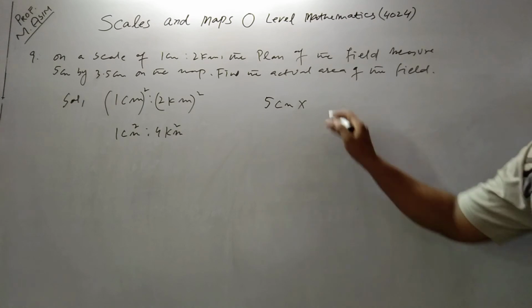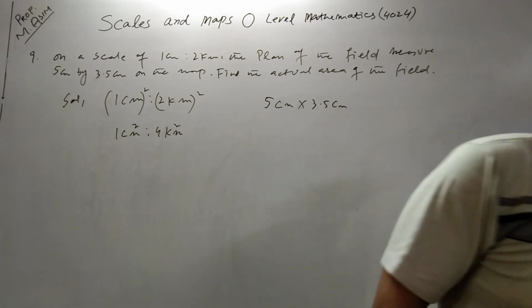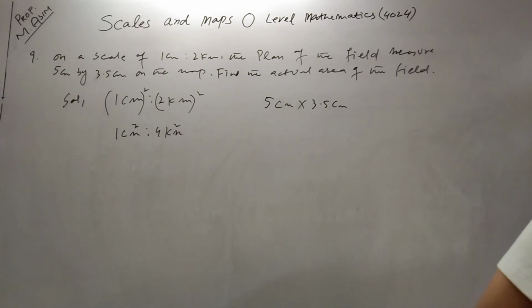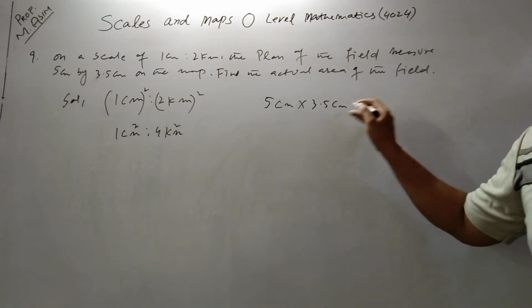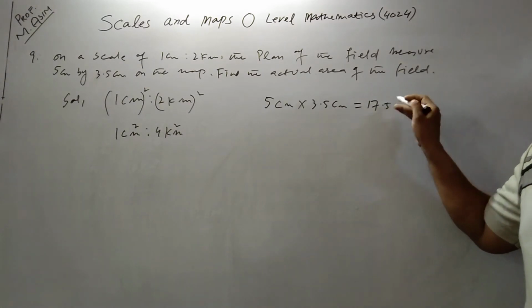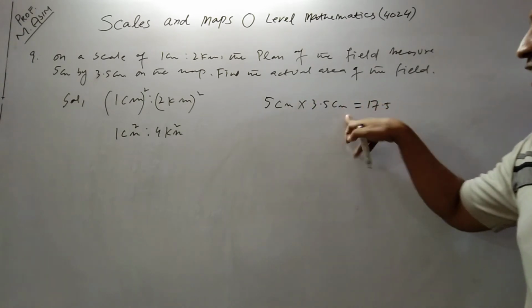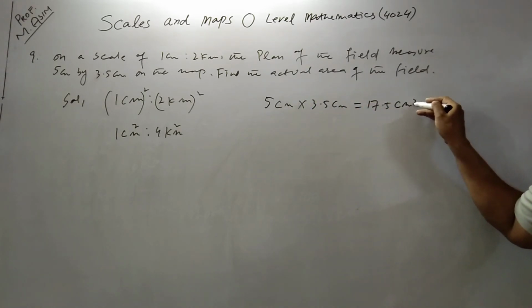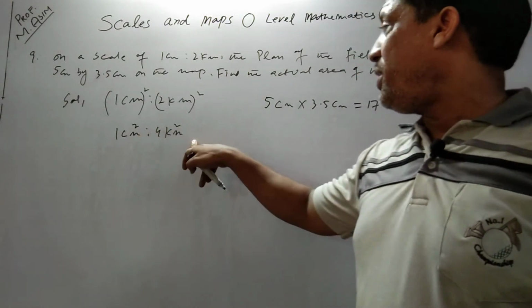By means multiply. So multiply 5 by 3.5, which is 17.5. Centimeter by centimeter is centimeter square.